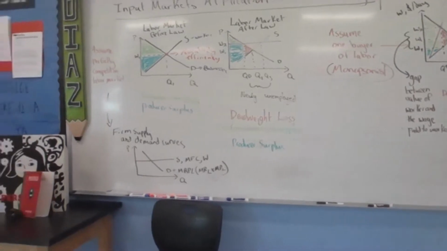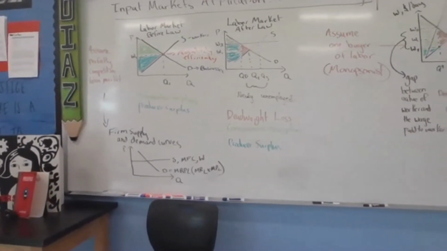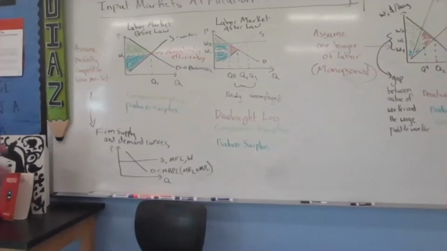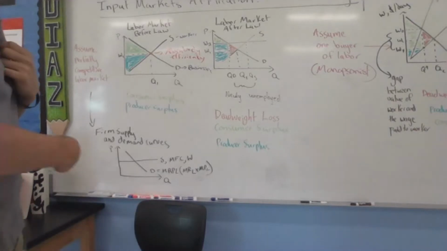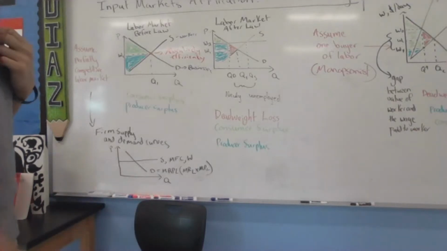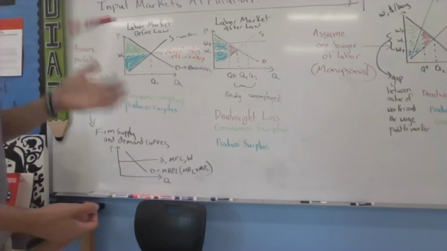And this market setting of a perfectly competitive input market is incredibly extreme. We can nonetheless use this to develop our intuition about the potential trade-offs that we would expect to face as we increase the minimum wage.